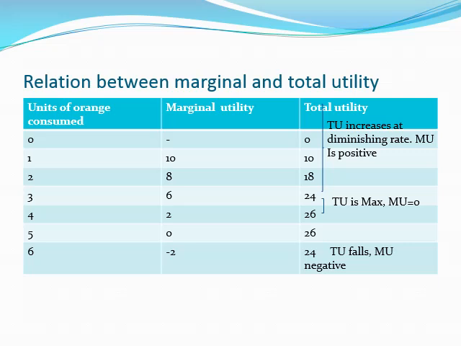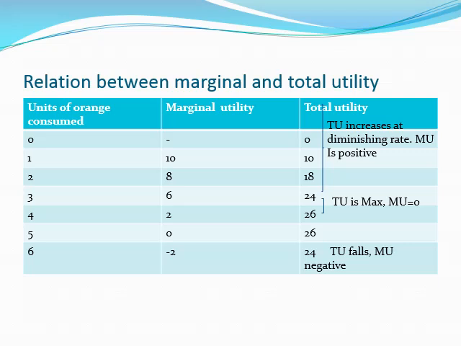The fourth gives only 2 utils of marginal utility, and then the total utility equals 26. The fifth unit gives 0 marginal utility, and then the total utility is constant.